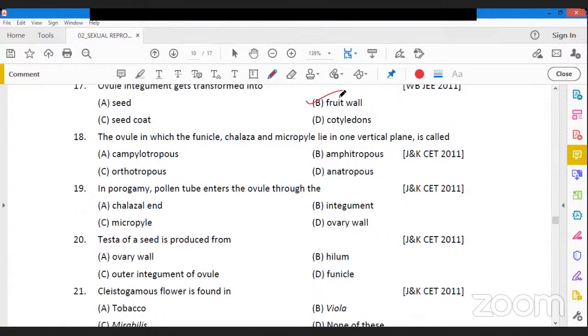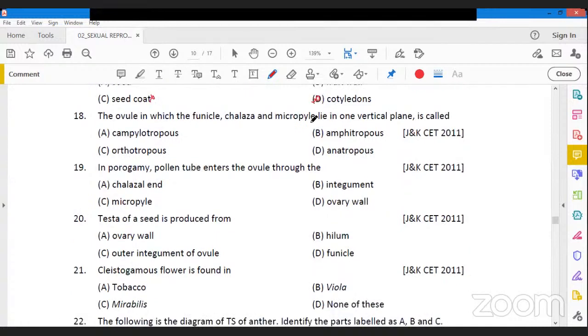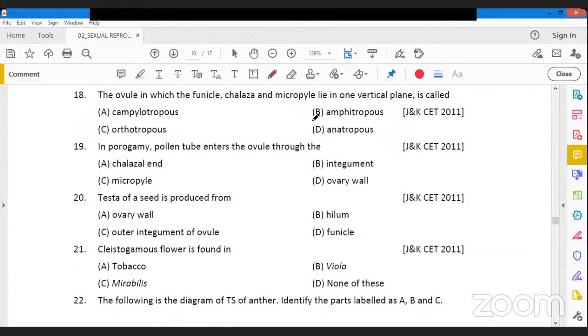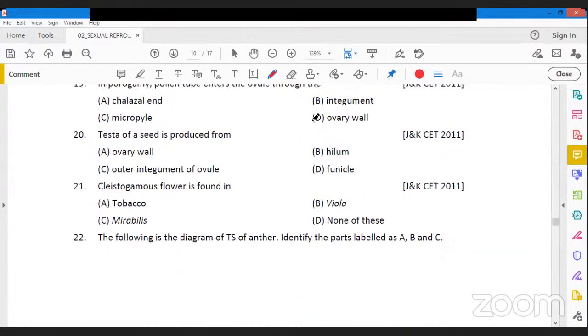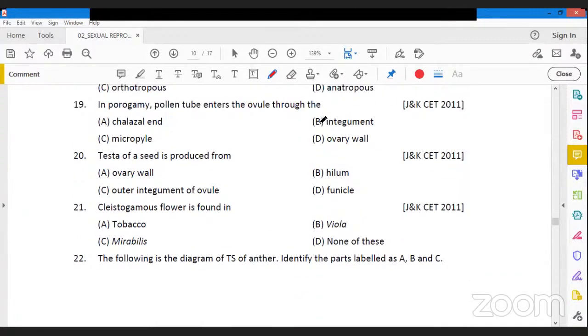Ovule integument gets transformed into the seed coat, ovule into seed, ovary into fruit, not cotyledons. Then, in porogamy, the pollen tube enters the ovule through the micropyle. Okay.